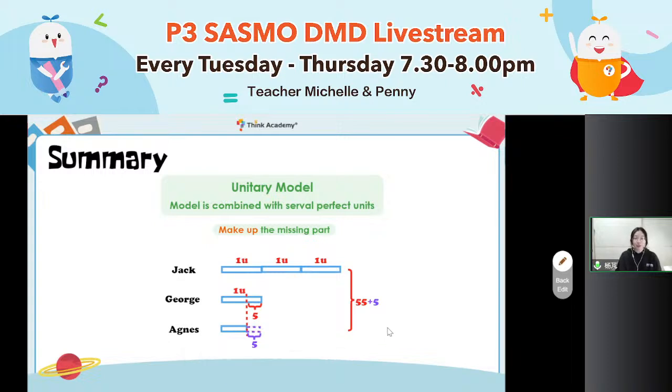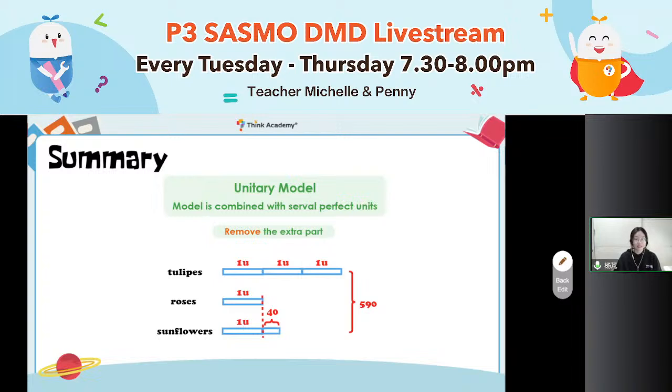So for this model, our target is to make every single bar, every single unit, the same. Because if they are the same, we can use division. So 2 types. In this type, we need to make up the missing part. And in the other, we find an extra part, so we need to remove the extra part.